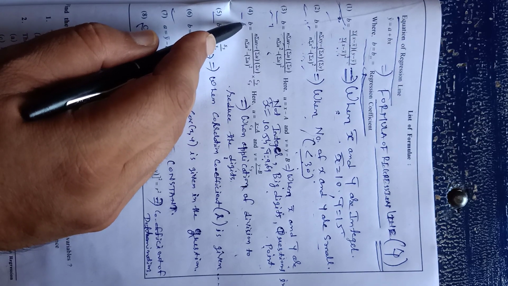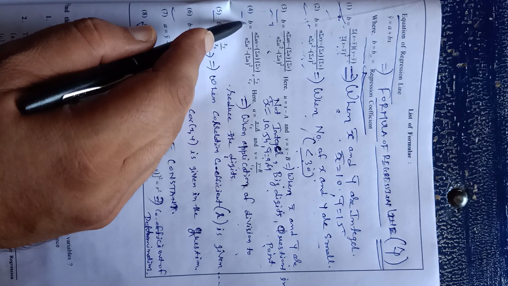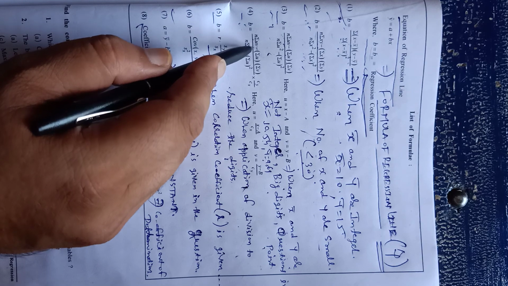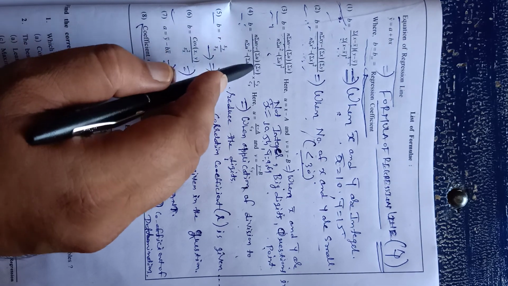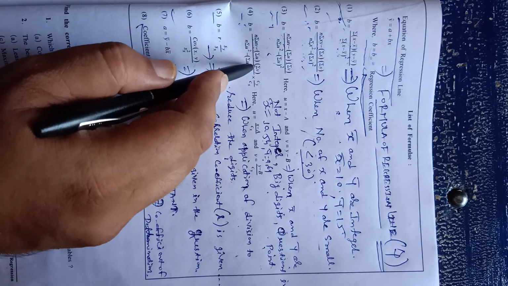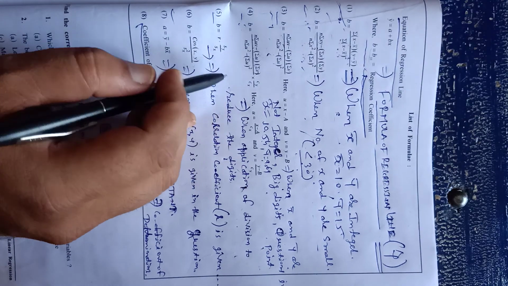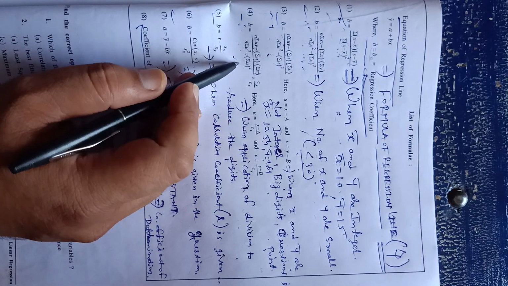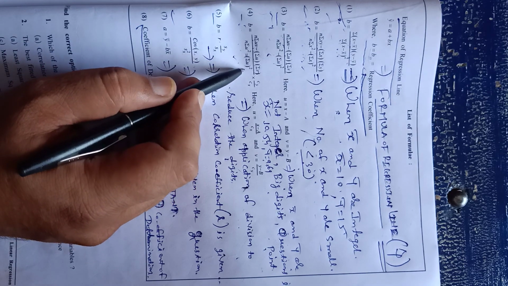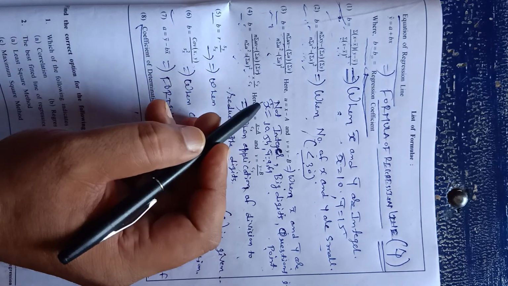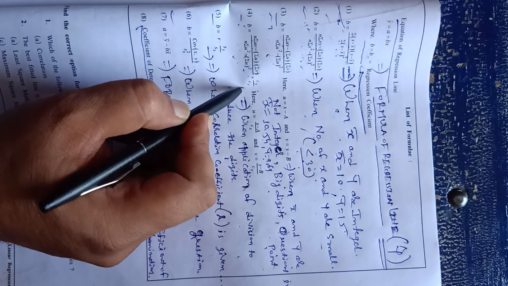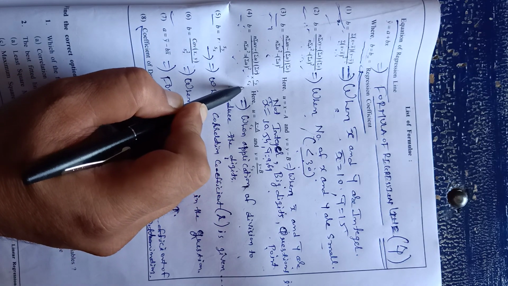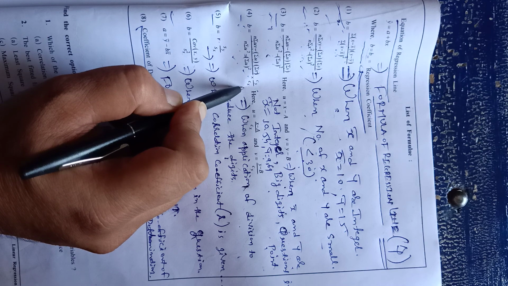The formula to find the regression coefficient, that is B, is equal to n sigma UV minus sigma U into sigma V upon n sigma U square minus sigma U the whole square into Cy upon Cx. Here Cy means class interval of y.